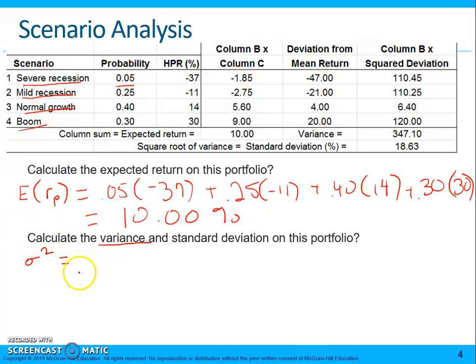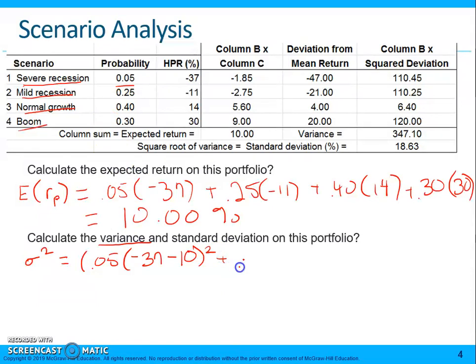Variance is 0.05, the probability of the outcome, times the squared deviation. So this is 37 minus 10, squared. This covers the variance for the severe recession.